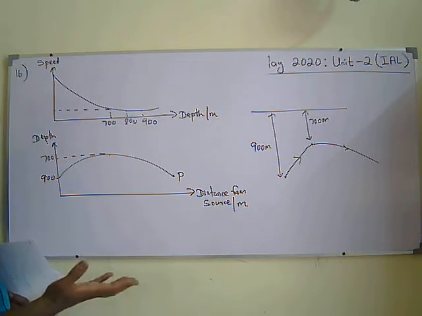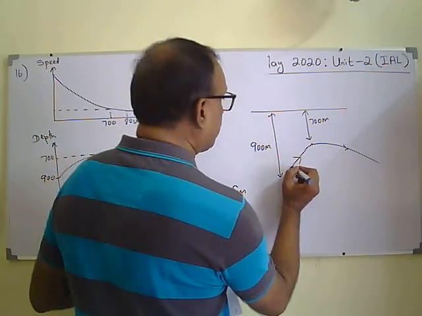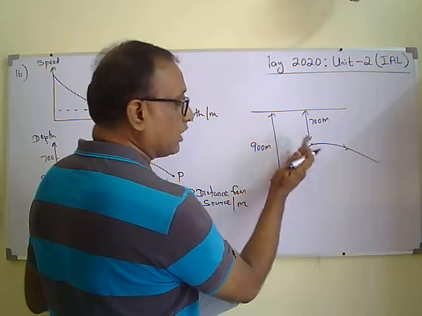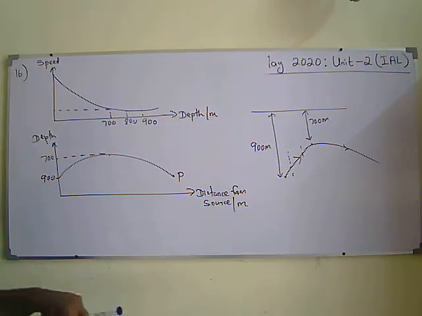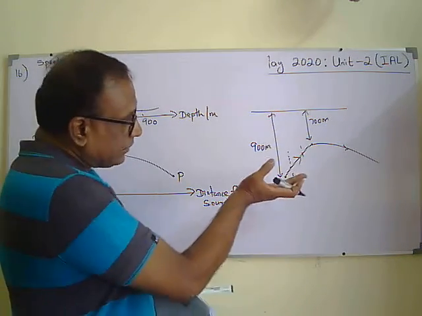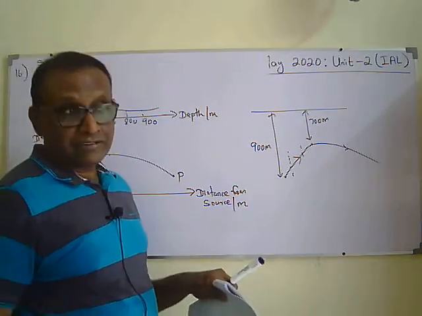So what happens there, you can see at every point, if I draw the normal, the sound is moving away from the normal. We know that whenever a wave travels from one medium to another, we can imagine each and every layer of water as a different medium.